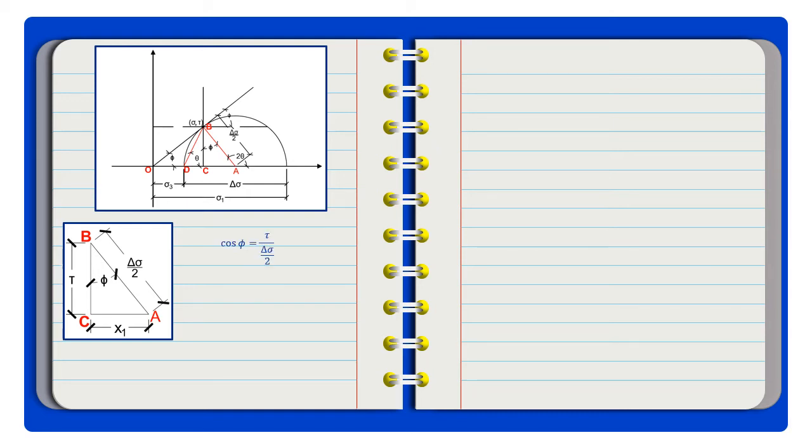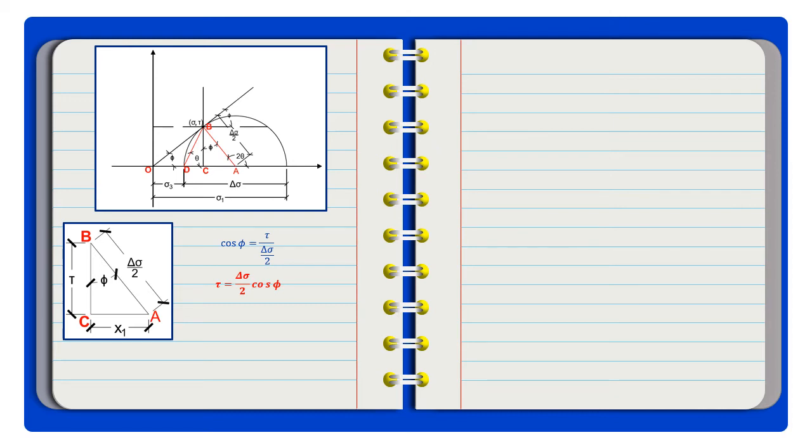So, getting the cosine function, we will have cosine of phi is equal to tau divided by delta sigma over 2. Ngayon, ang hinahanap kasi natin si tau. So, we can arrange this term. So, i-multiply natin si delta sigma over 2 kay cosine phi. So, we will now have tau is equal to delta sigma over 2 cosine of phi.